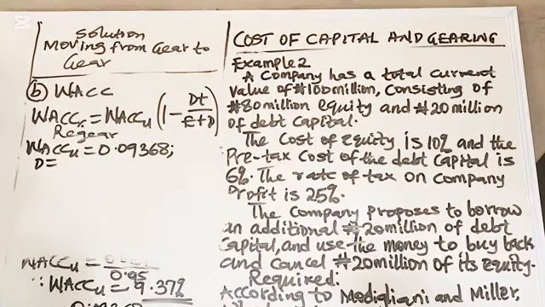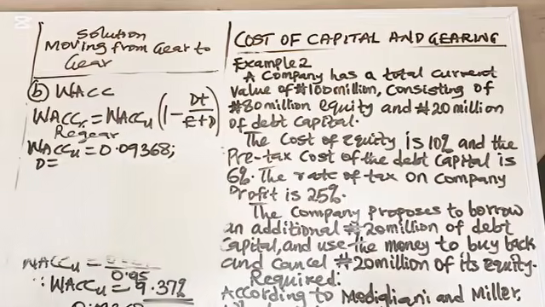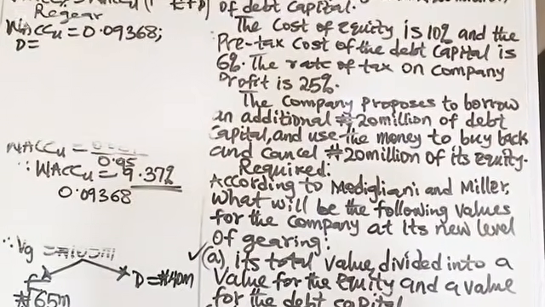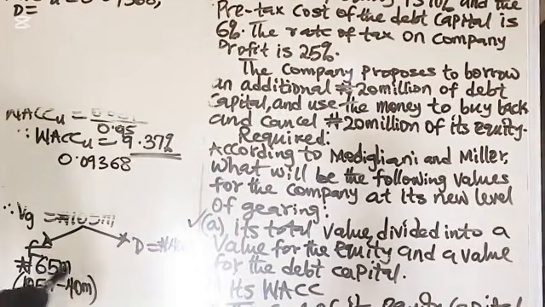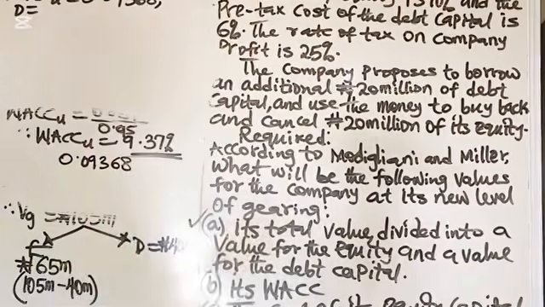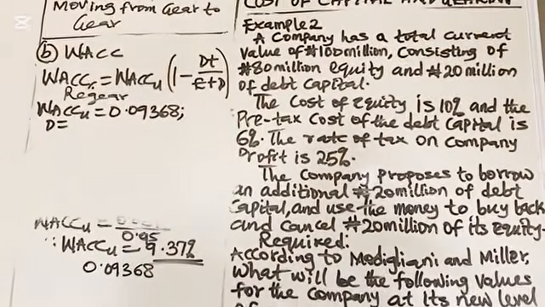Now you want to regear using the new level of gearing. The level of gearing has changed, so the market value has changed. The market value of debt is 40 million, and that of equity is 65 million. So that is the new market value.